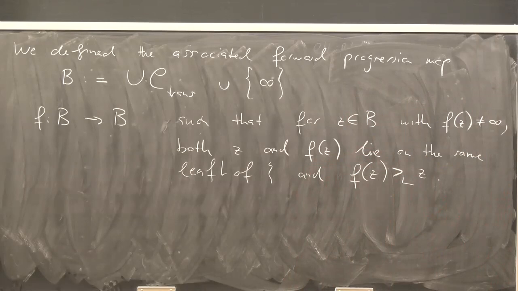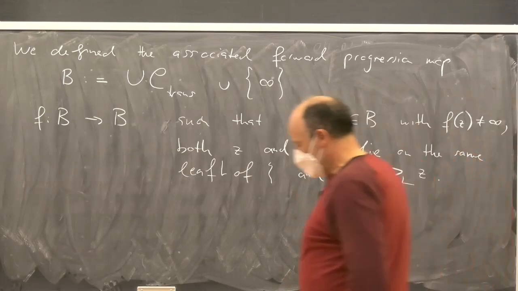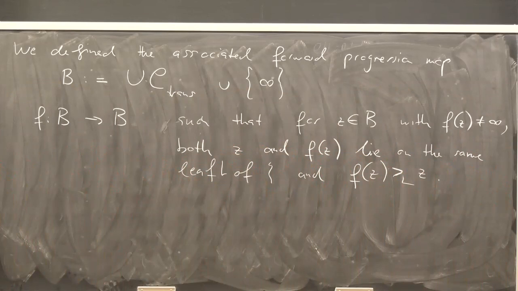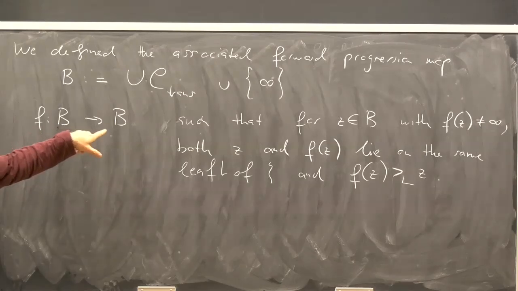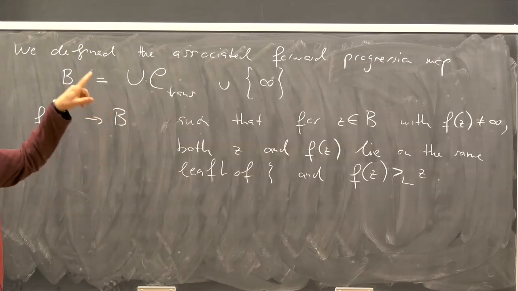So I think that's more or less where we ended up. Maybe I didn't quite say why this is always well defined. You could think, couldn't it be that a point that lies on a transverse cell gets sent to itself because it's on a cycle?